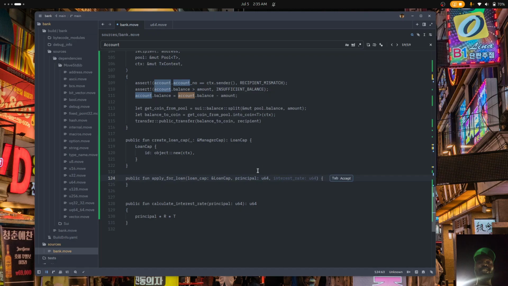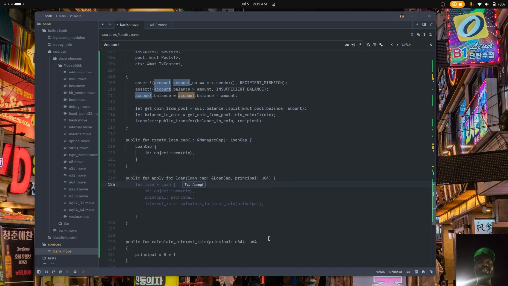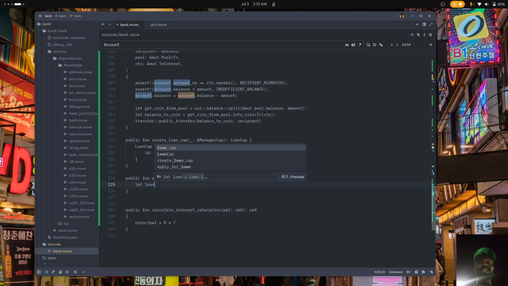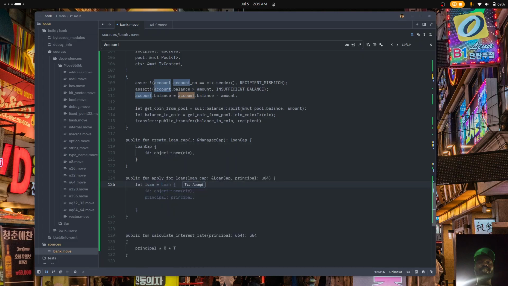Yes, for the principal. Principal. Yes. So apply for loan or create loan.